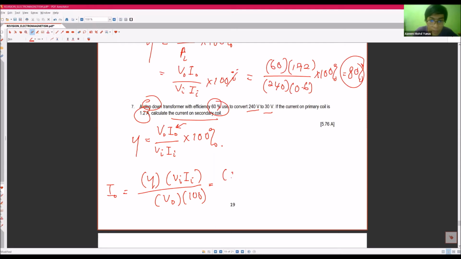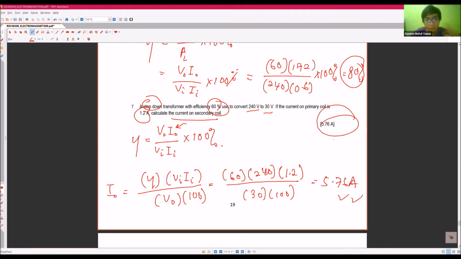So the efficiency is 60, V input is 240, I input is 1.2, the output is 30, and 100. If you plug that into the calculator, you get 5.76 ampere. So our answer is correct.